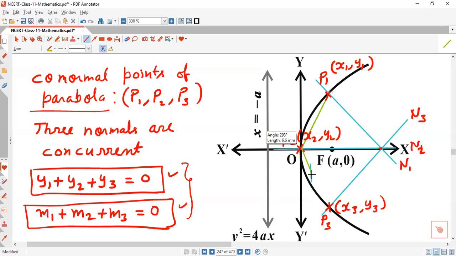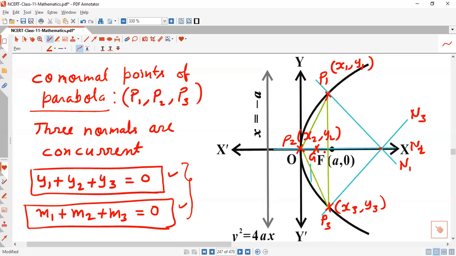suppose these three points P1, P2, P3 form a triangle. The centroid G of this triangle must lie on the x-axis, because y1 plus y2 plus y3 equals 0.